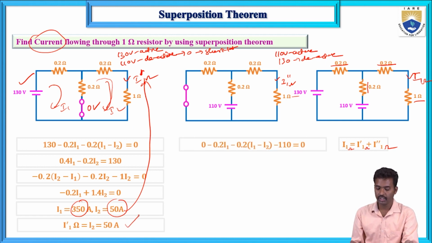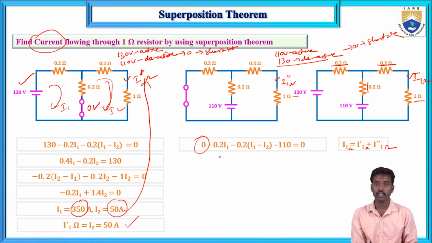Now second case: the 130 volts is replaced by a short circuit, 0 volts. Same equation here: 0.2 I1 plus 0.2 I1 minus I2 minus 110 equals 0, and same 0.4 I1 minus 0.2 I2 equals minus 110.